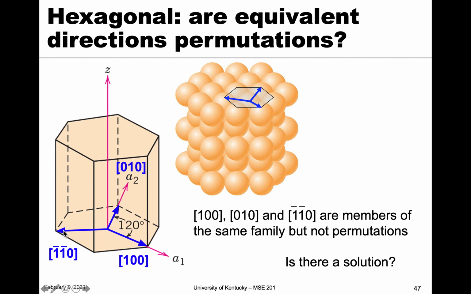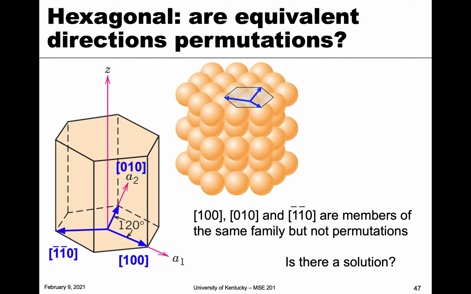So we don't like this, as people who study crystals, because we want to be able to look at the directions and say that they're going to have similar structures because they're permutations. So we would like all of these to be permutations of one another. So that's where the complication comes in.